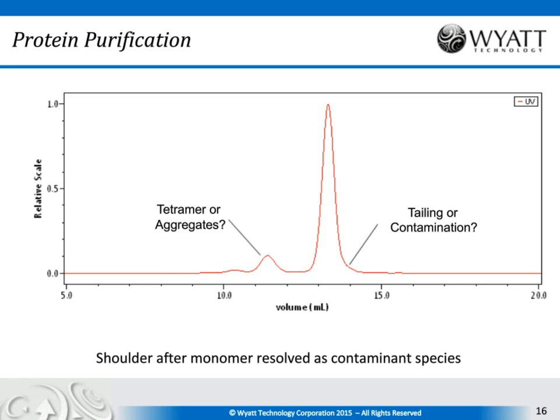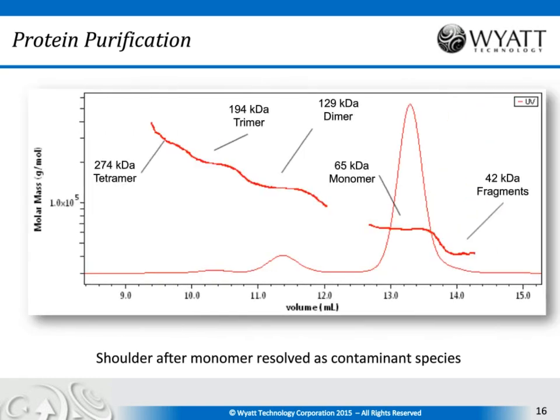Applying the light scattering analysis, we find out the molecular weights of the aggregates, and we also find out that that little shoulder actually has a molecular weight of 42 kilodaltons, and so it is perhaps some fragments or perhaps some host cell proteins, but not just simply the monomer sticking to the column. So this helps us understand what we're getting off the purification.